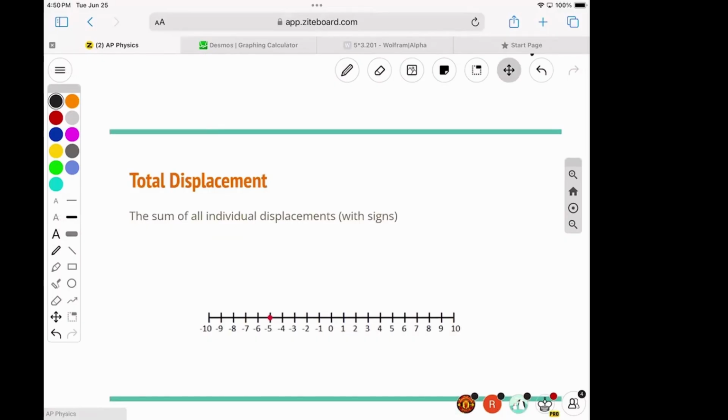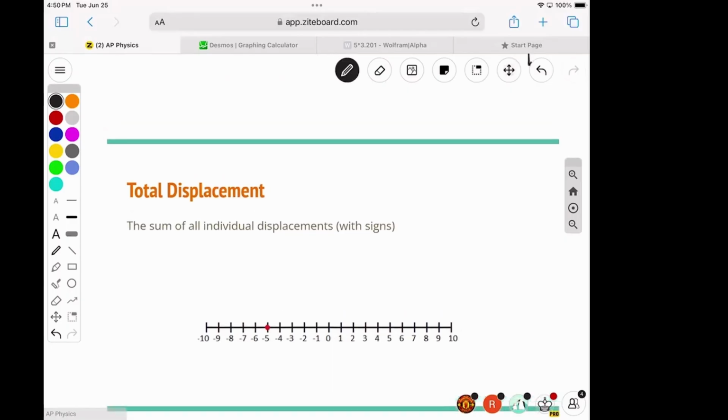Now, the total displacement. I'll show the example first. Let's say in step one, I have a displacement of +5 and I started at -5. Where do I end up after my first step?